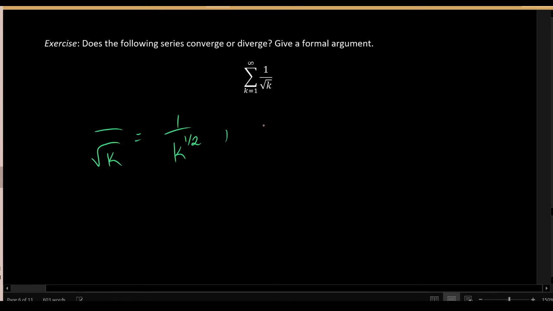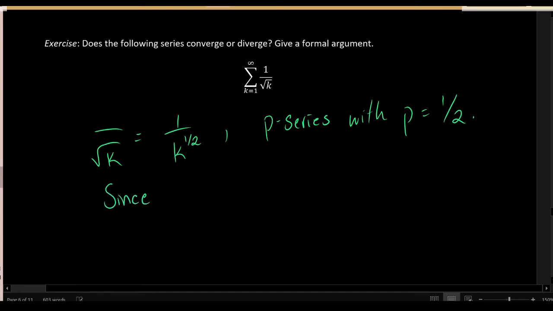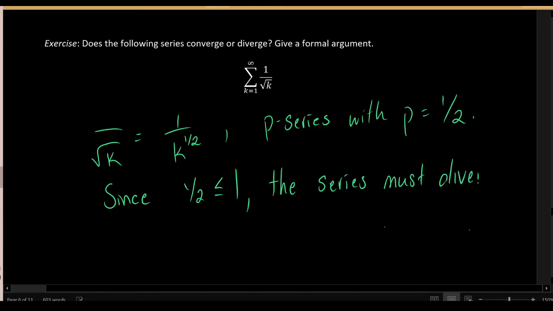So the series that we have is a p-series. It's in the form 1 over k to a power, where the power is 1/2. But since that power is less than or equal to 1, then we know right away that the series must diverge by the p-series test.